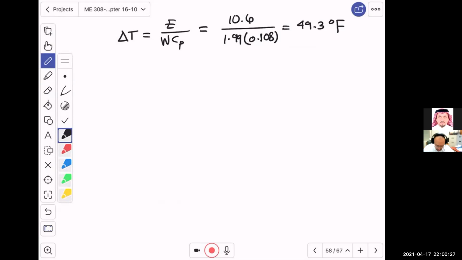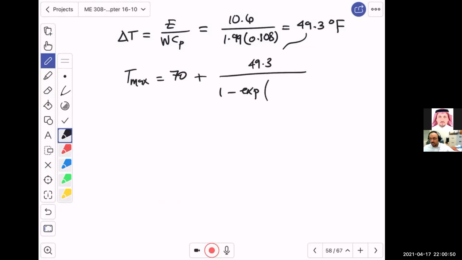Now, what is T maximum? T maximum is equal to T infinity, which is 70, plus delta T. Delta T, we just calculated it, 49.3, divided by 1 minus the exponent of minus beta multiplied by T1. Minus beta, it is a minus, and beta equals 2.93 multiplied by 10 to the power minus 3.